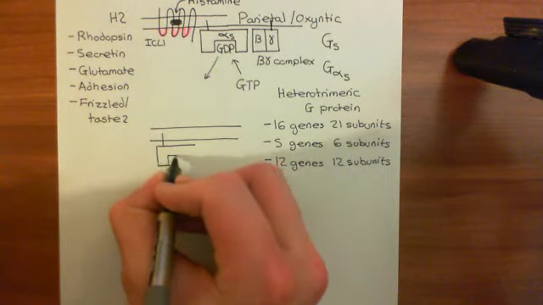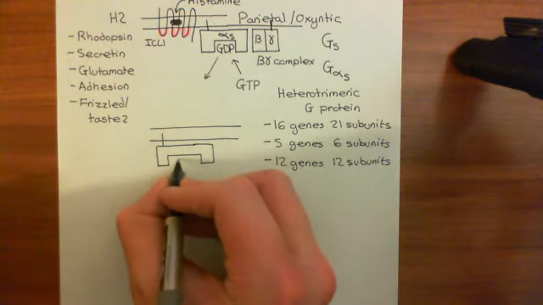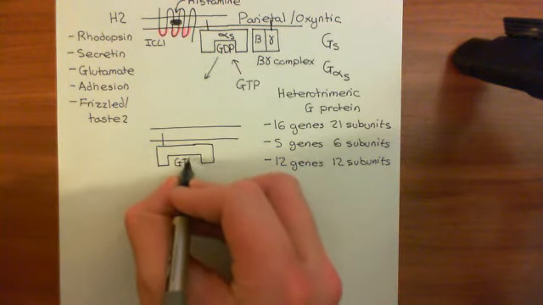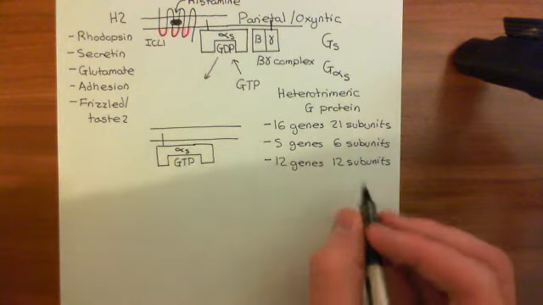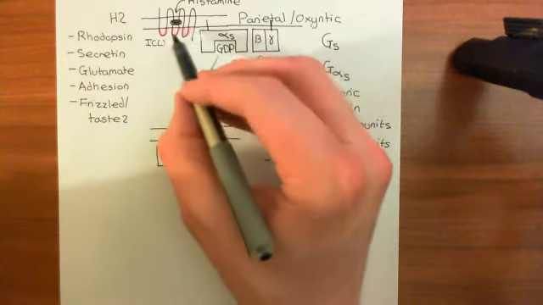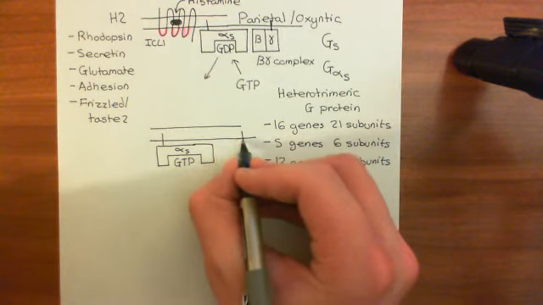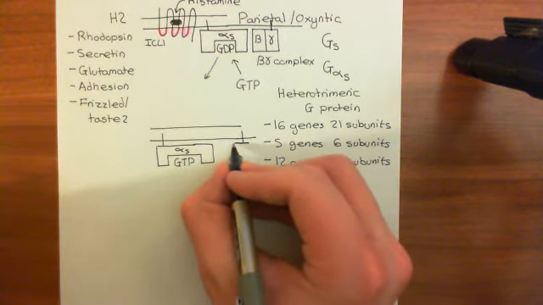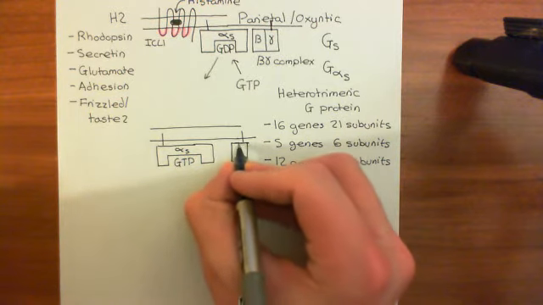Okay, so here comes the alpha S subunit, now with GTP bound. And it no longer wants to associate with the beta and the gamma complex either. Now, the beta and the gamma complex are also released from the clutches of the H2 receptor, and they go off as well.